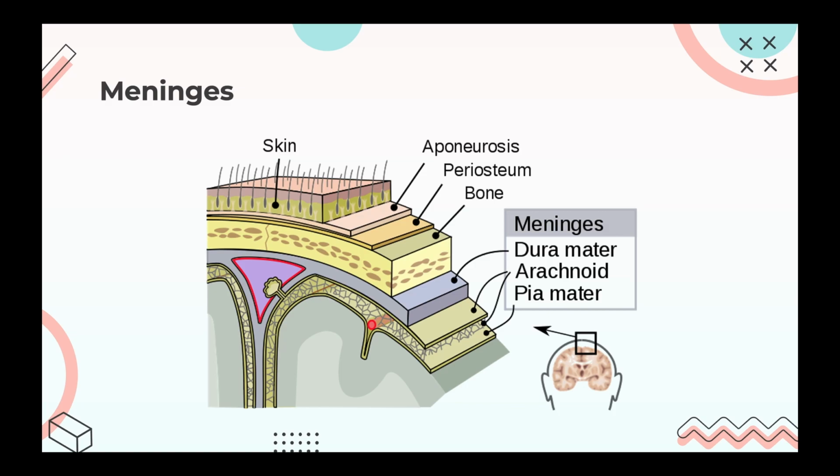And then there's the meninges, and the meninges are also important to be familiar with. So the meninges are relatively thin sheets that are covering the brain, and they are important for protection.